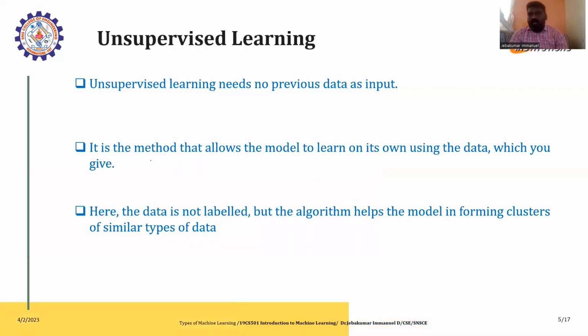Again, some input about unsupervised learning: it needs no previous labeled data as input, and this method allows the model to learn on its own using the data you give. You are not giving labels, only data, and based on this data the model learns about the data.